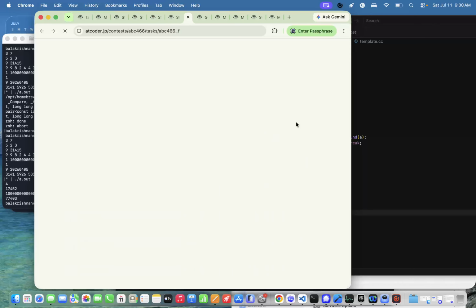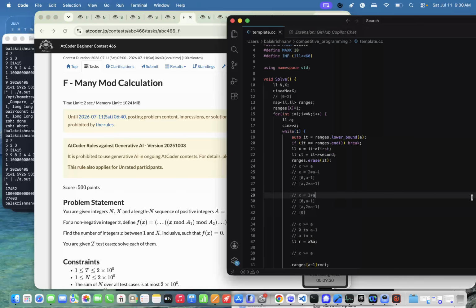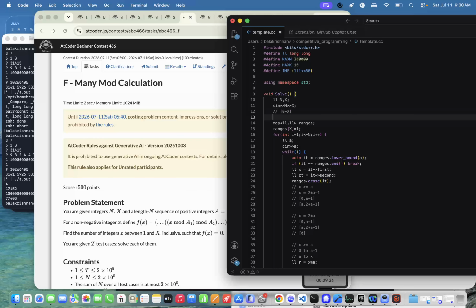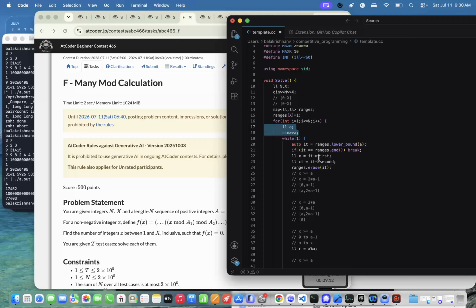Yeah, so okay, so all we have to do is, first you have all the numbers from 0 to x, right? So what you're doing is every time we get a number A, obviously anything that's less than A does not get affected. Anything that is greater than or equal to A gets broken down into multiple chunks.